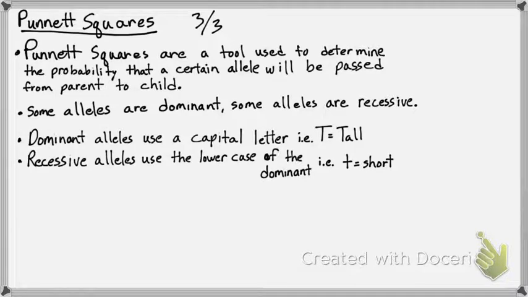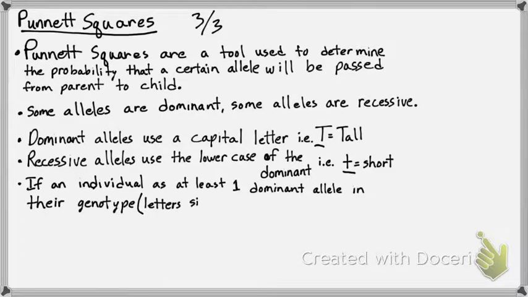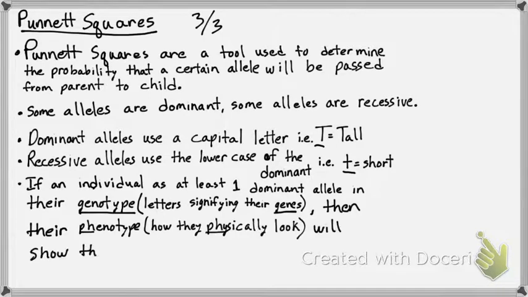You must always use the same letter when we're working with these Punnett squares if you're talking about a particular gene. So, if an individual has at least one dominant allele in their genotype, genotypes are the letters we'll use in the Punnett square signifying their genes, then their phenotype, how they physically look, so PH for phenotype, PH for physically look, genotype is for genes.